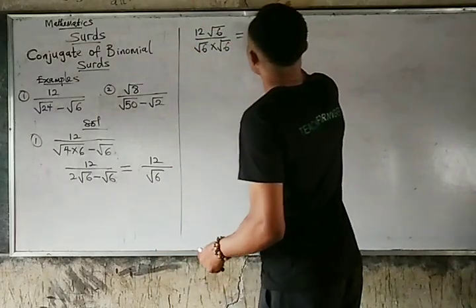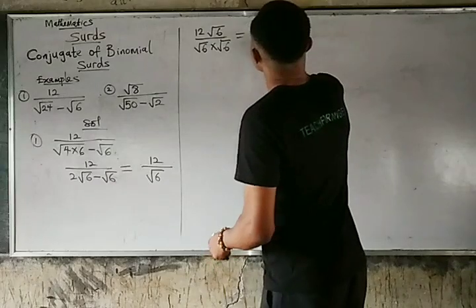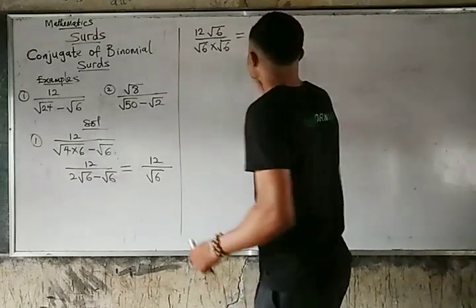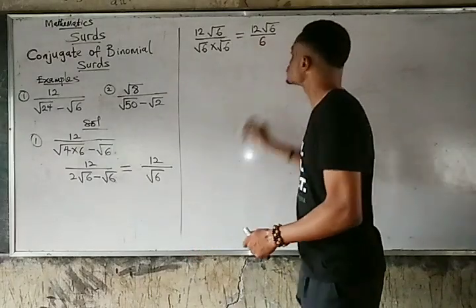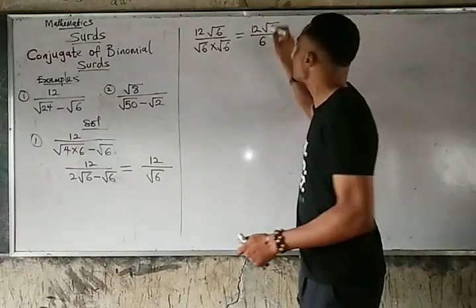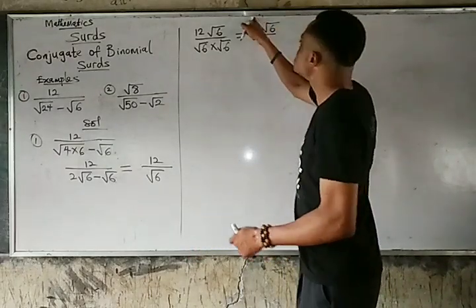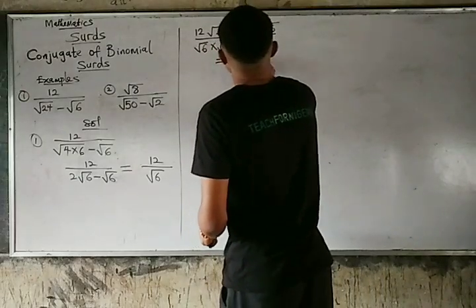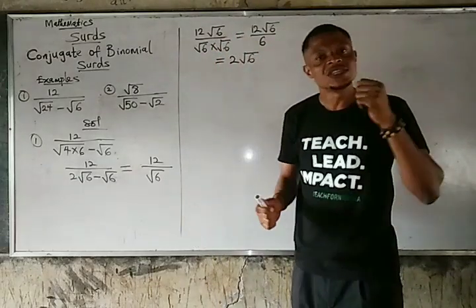So for this, we have 12 root 6 all over root 6 multiplied by root 6, which will give us 6. So 6 goes here, 6 goes here. This gives us 2 root 6. Easy.